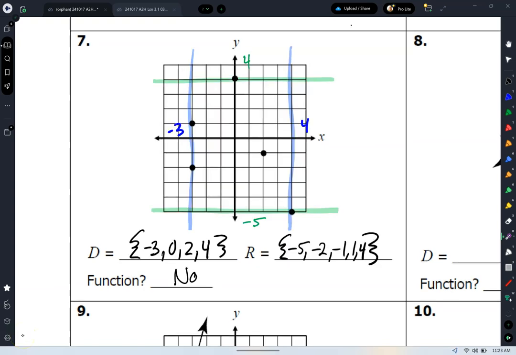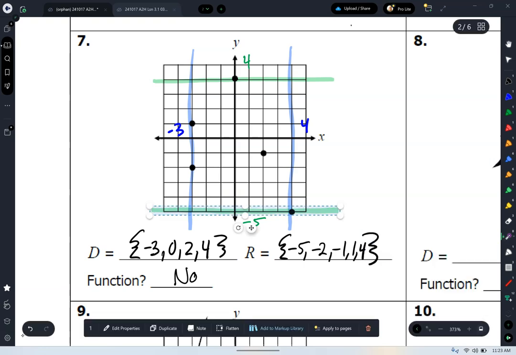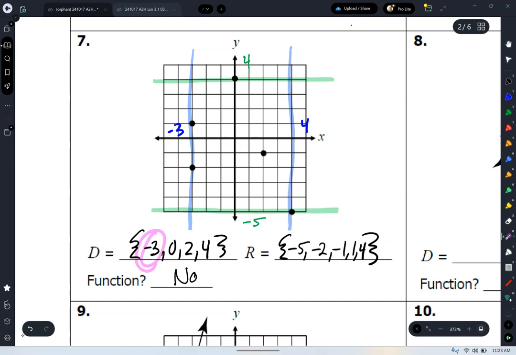Now, the limit boxes aren't necessarily needed in this situation, right? But it's a good confirmation, it's a good practice for you to see that here's the low end of your domain and here's the high end of your domain. Here's the low end of your range. Here's the high end of your range.